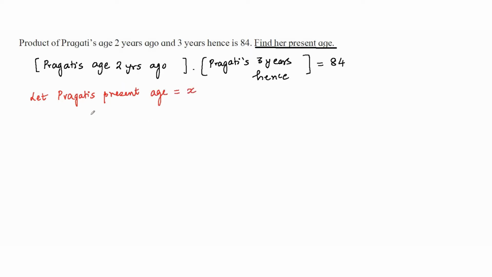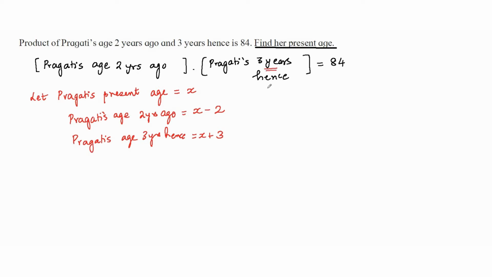So if her present age is x, then Pragati's age 2 years ago is therefore going to be x minus 2, and Pragati's age 3 years hence is going to be x plus 3, right?